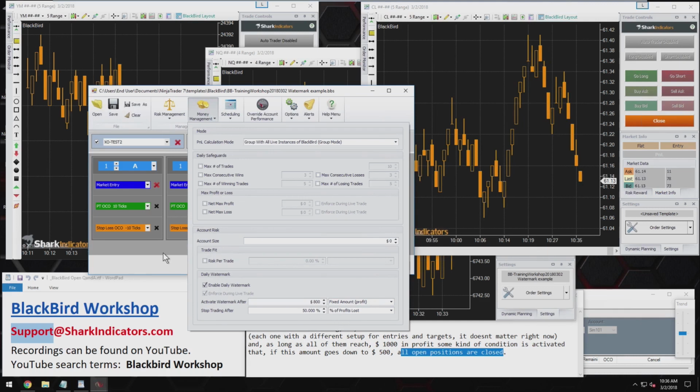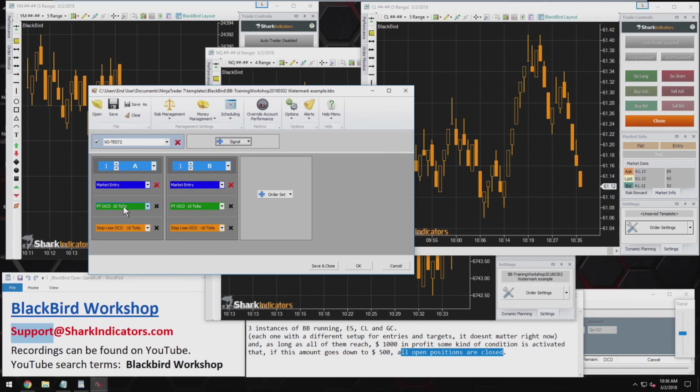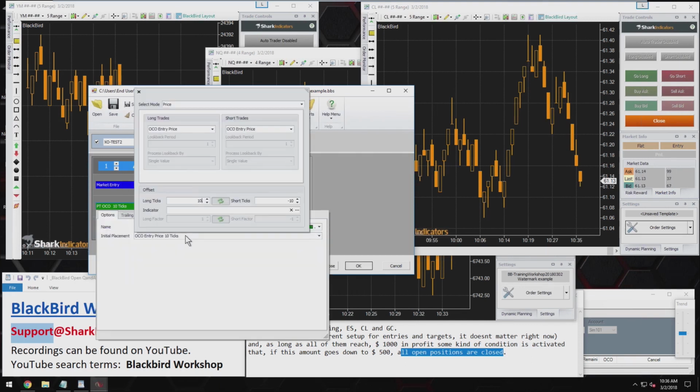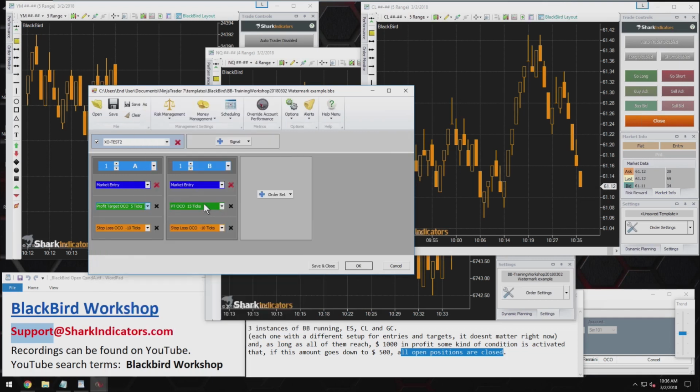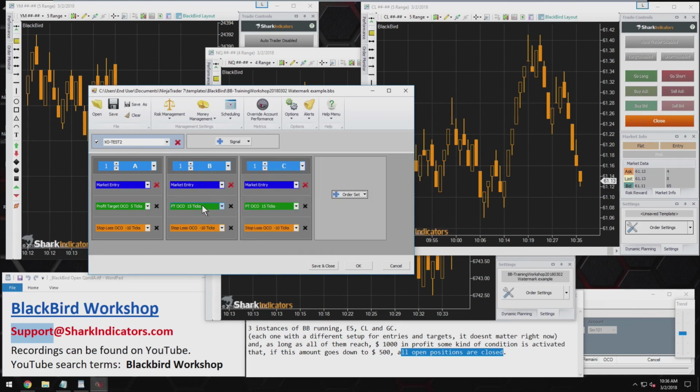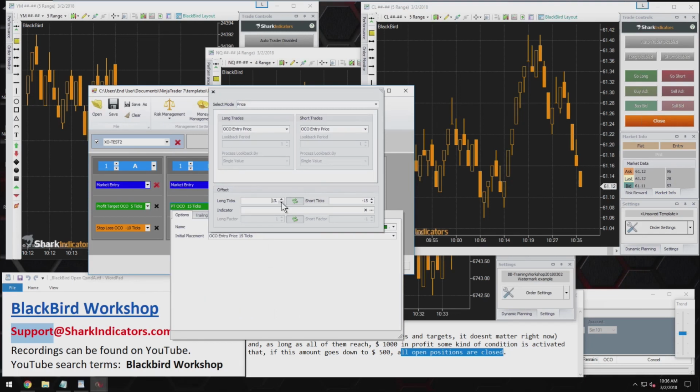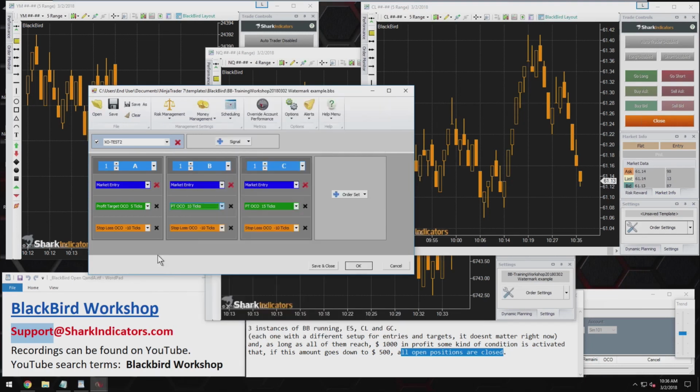All right, that looks good, and I'll switch up the order settings here a little bit, just to kind of prove a point. So there we go. On oil, I've got 3 contracts running, with a 5 tick, 10 tick, and a 15 tick profit target. Okay.